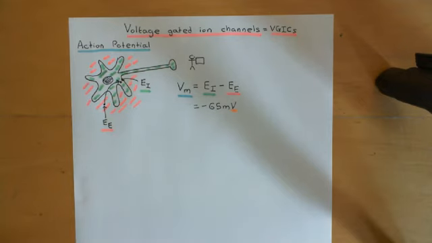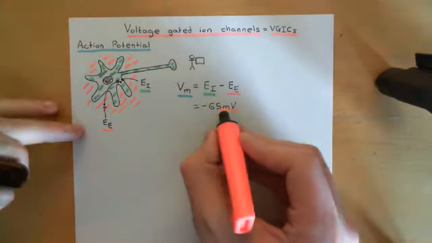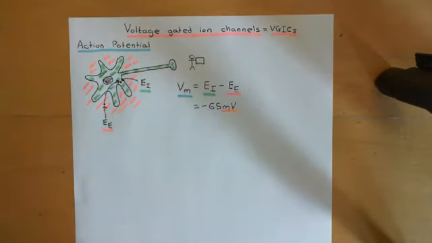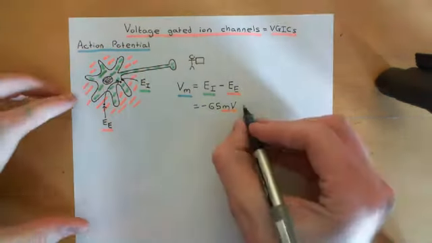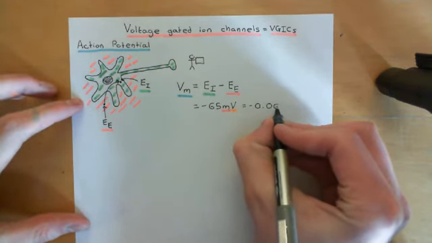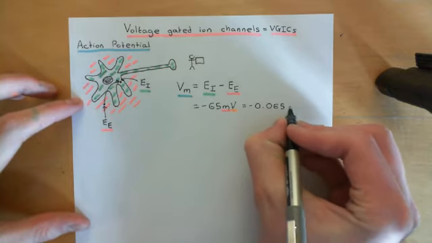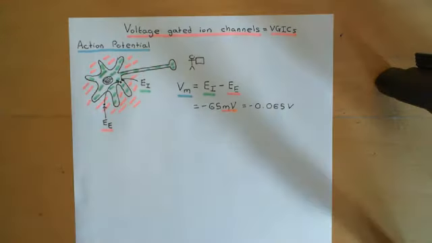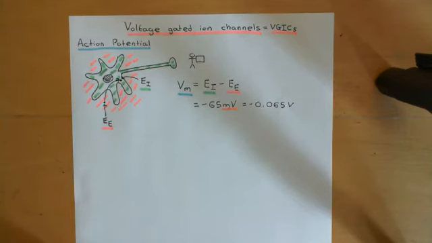Then what does milli mean? What does the little m mean? All it means is one thousandth of a volt. So really, the electrical potential difference across the cell membrane is negative 0.065 volts. That's generally the resting electrical potential difference across the cell membrane. So what does that actually mean?